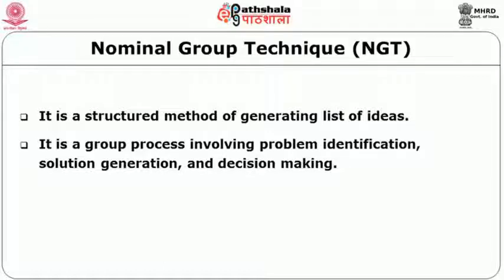So first the problem is identified, then solutions are generated. In the process of solution generation, all group members are involved in finding out the solution of the problem. Then the group members give their ideas about those particular solutions and the final decision is taken by considering the ideas given by the group members.